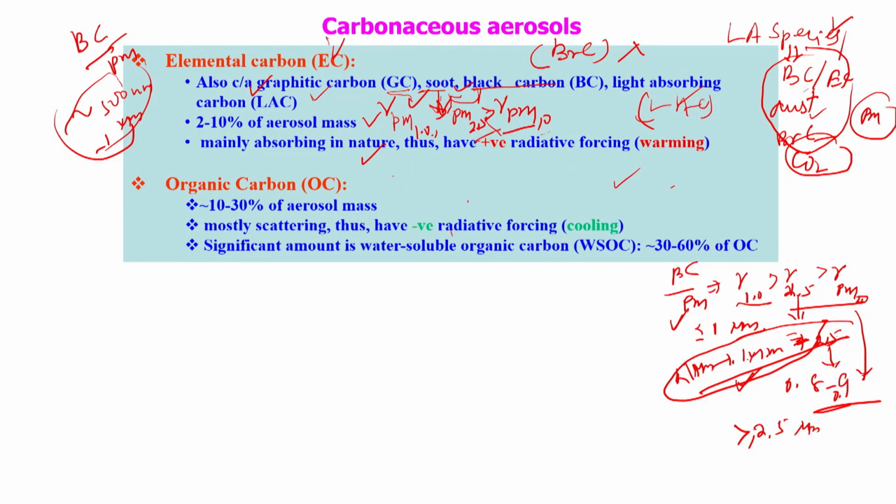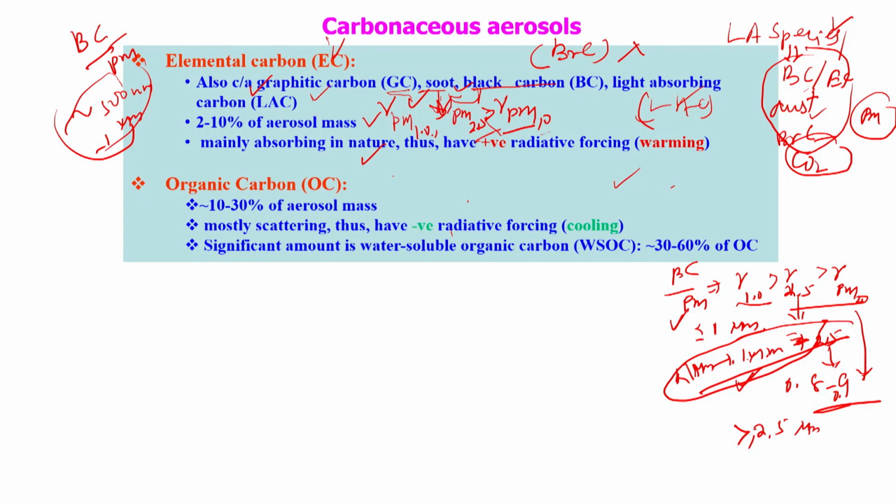So, remember the definition of PM1, PM2.5 and PM10. PM2.5 contains PM1 and particles of 1 to 2.5 micron as well, whereas PM10 contains PM1 and 1 to 2.5 micron particles and 2.5 to 10. So, as you keep on increasing, the mass concentration of black carbon in 1 to 2.5 micron and 2.5 to 10 micron will keep on decreasing.